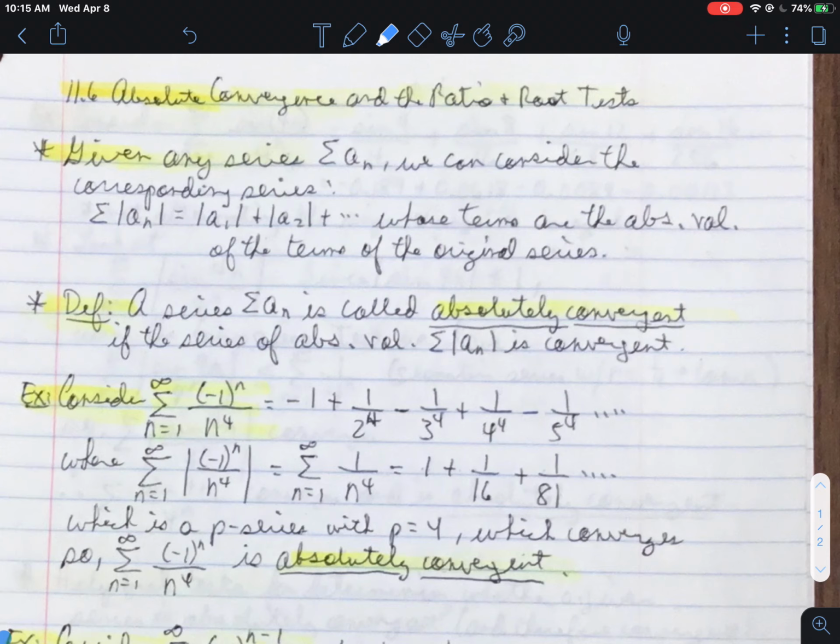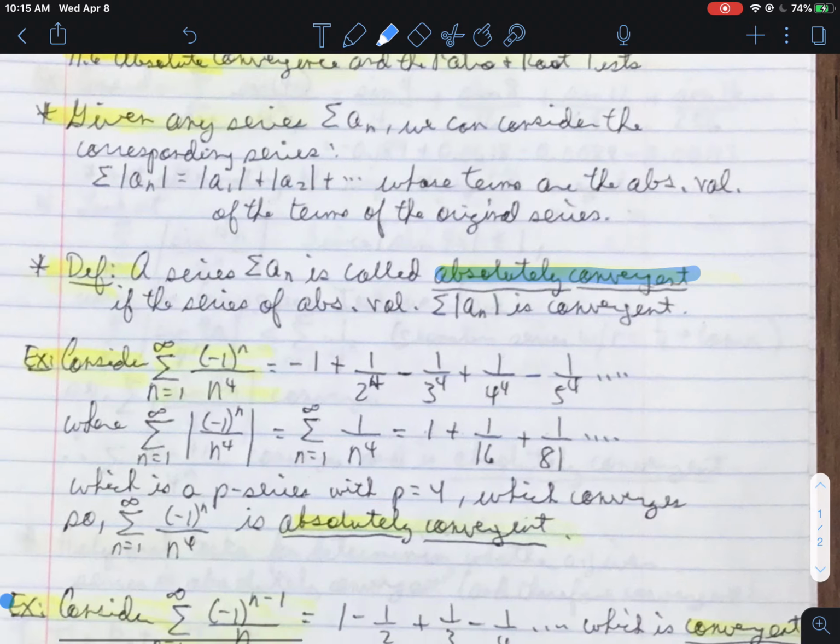Definition: a series a sub n is called absolutely convergent if the series of absolute values is convergent. All right. So if we check the series of the absolute values and we show that that series is convergent, then we can say that the original series is absolutely convergent.